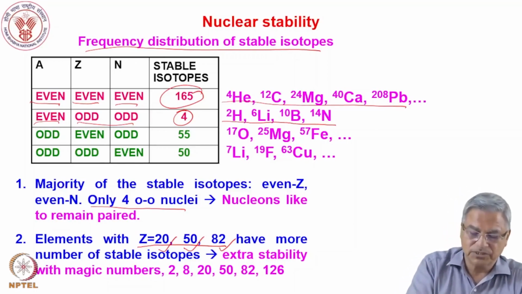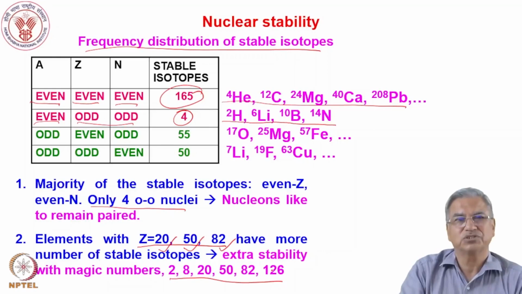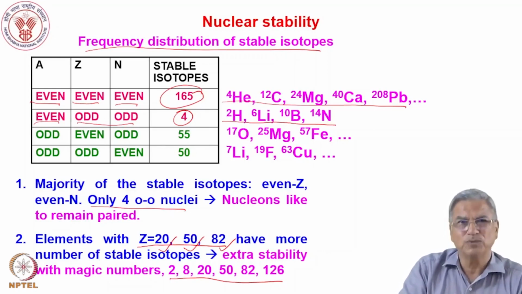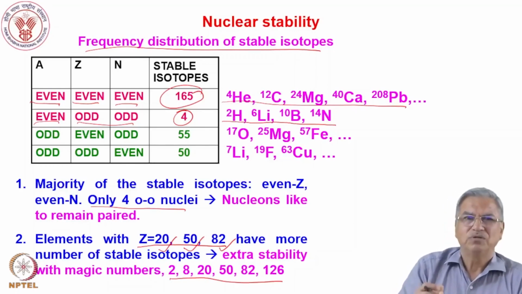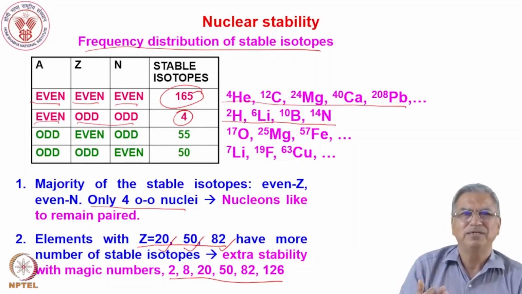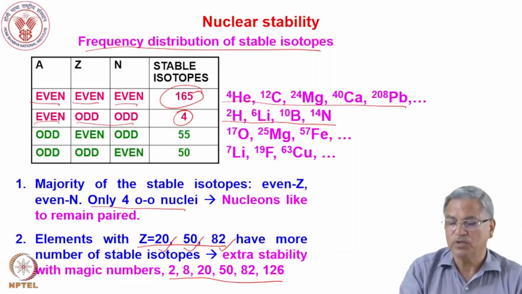Later on we will discuss that the magic numbers are 2, 8, 20, 50, 82, 126. If a nucleus has 2, 8, or 20 protons, or 2, 8, or 20 neutrons, and so on, such nuclei have extra stability. So certain magic numbers are more stable, and also the nucleons like to remain paired, which gives stability to the nucleus.